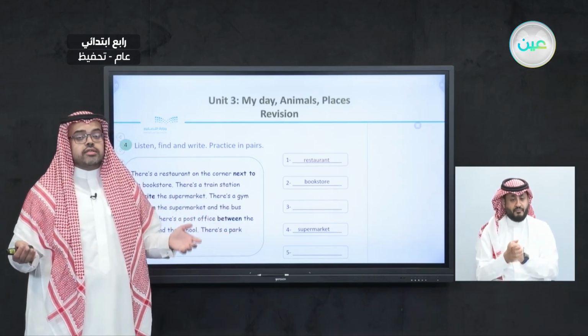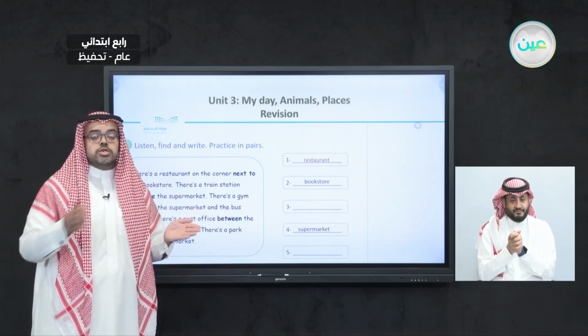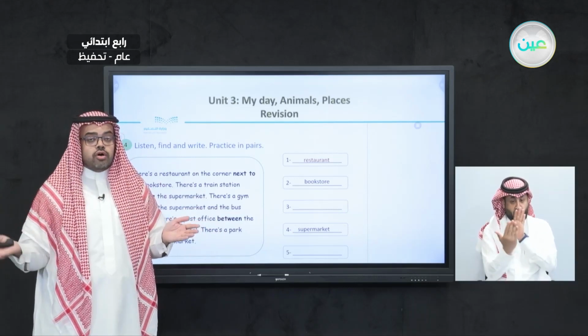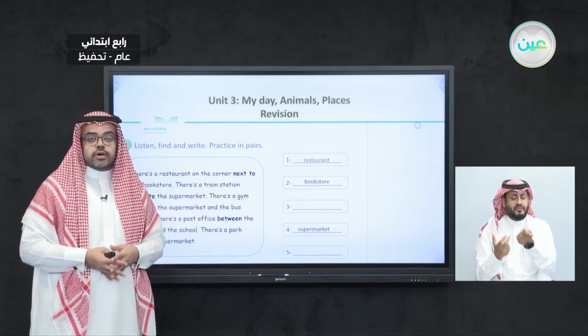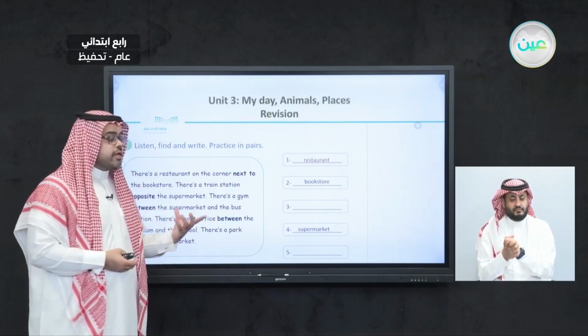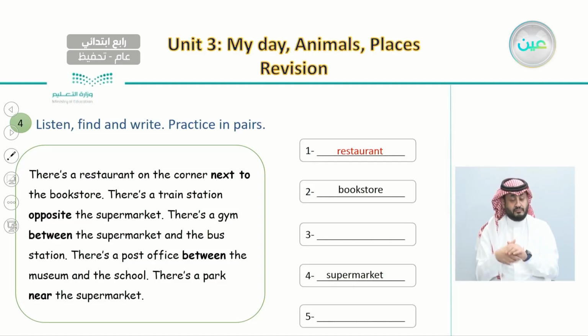We said that there is a train station opposite of a supermarket. So we can use this information to look for either a train station or a supermarket. Can you see a train station or a supermarket here? We can. Number 4 is a supermarket.